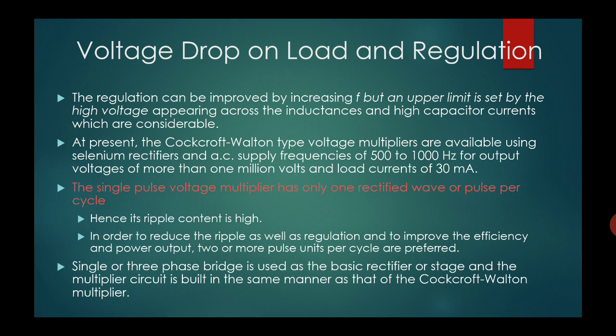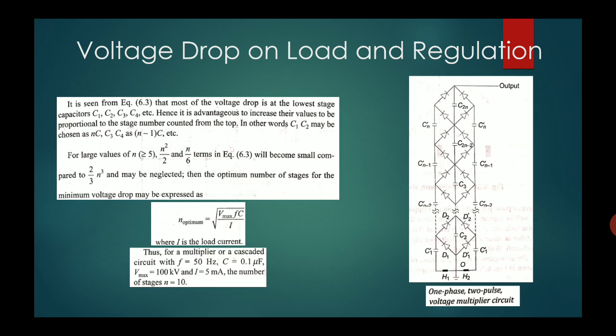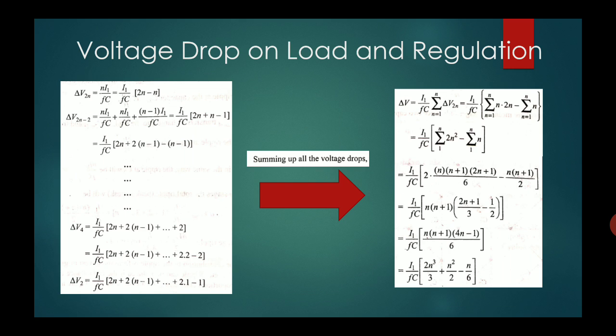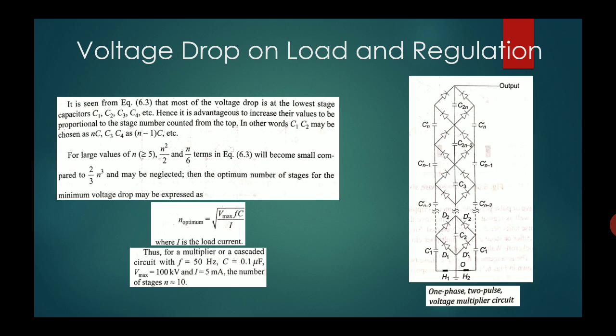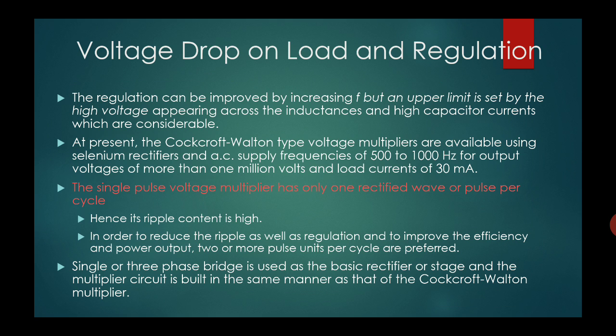So regulation can be improved with the frequency, as we have seen here, since the regulation has the frequency element. So frequency can be increased to reduce the regulation, as delta V is proportional to 1 by F.